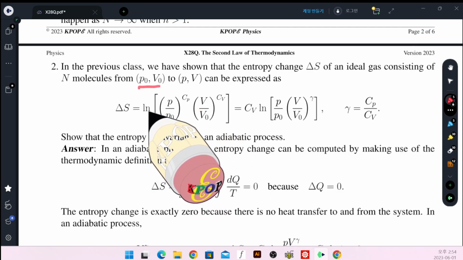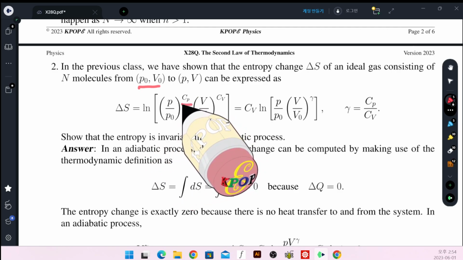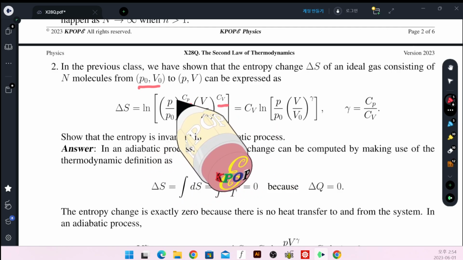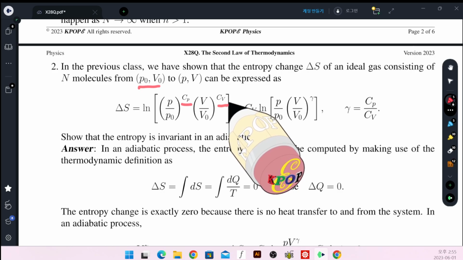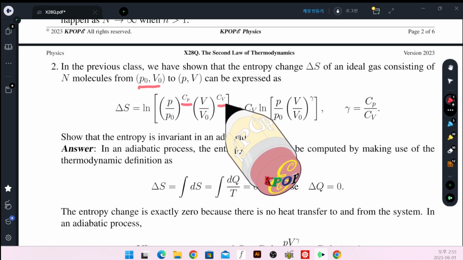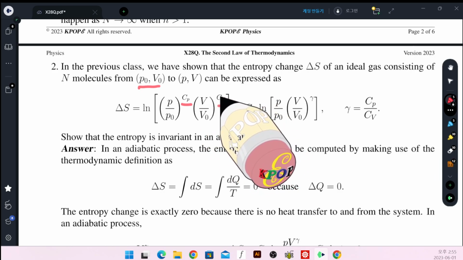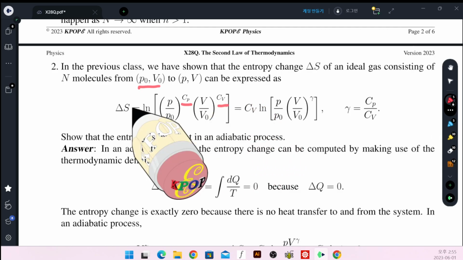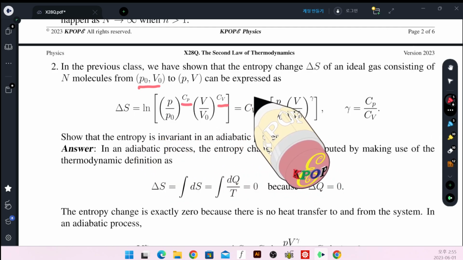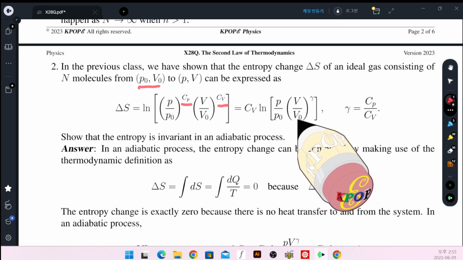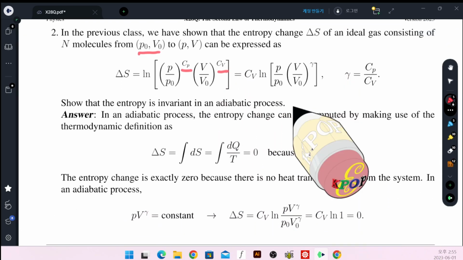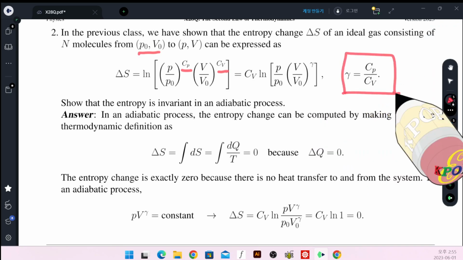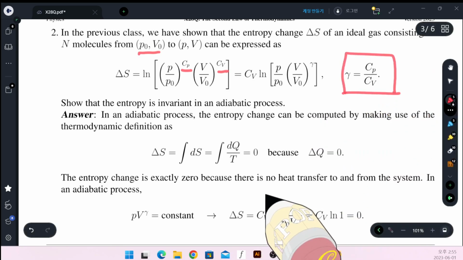And if we make use of pressure and volume, the powers will be the heat capacity at constant pressure and heat capacity at constant volume. We can also pull this CV out of the logarithm, then the ratio appears in the powers of the volume ratio. So here, gamma is Cp over Cv.